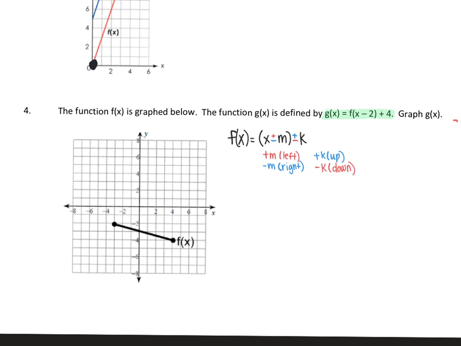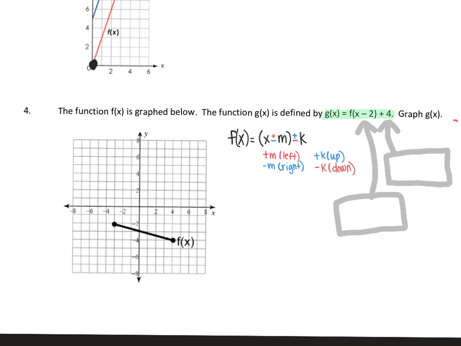What transformation is that? And then also, what does this plus 4 on the outside do? And then after you figure out the transformations, I now want you to graph this new function doing the transformations you have listed below.